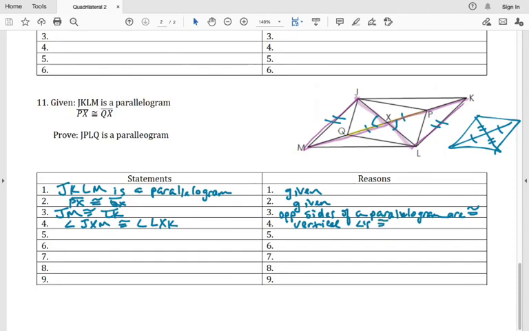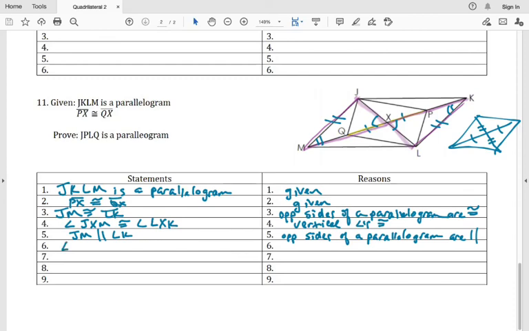Because it's a parallelogram, I also know that JM is parallel to LK, and that's because opposite sides of a parallelogram are parallel. If those sides are parallel, then that tells me that this angle right here is going to be congruent to this angle right here.